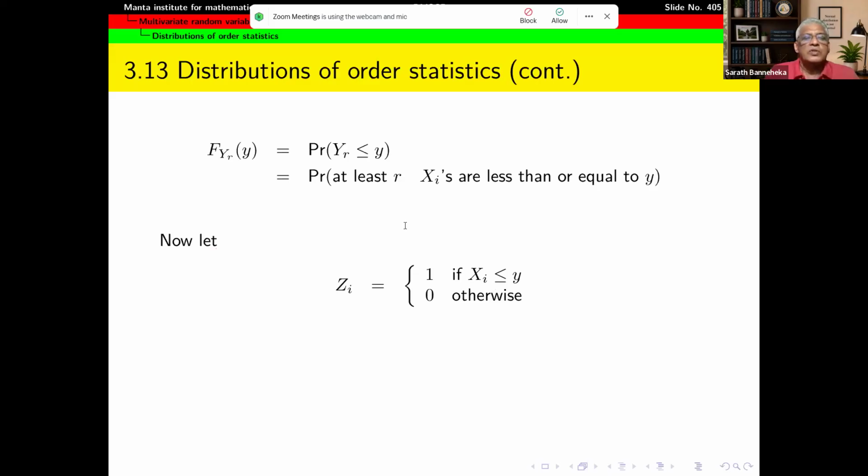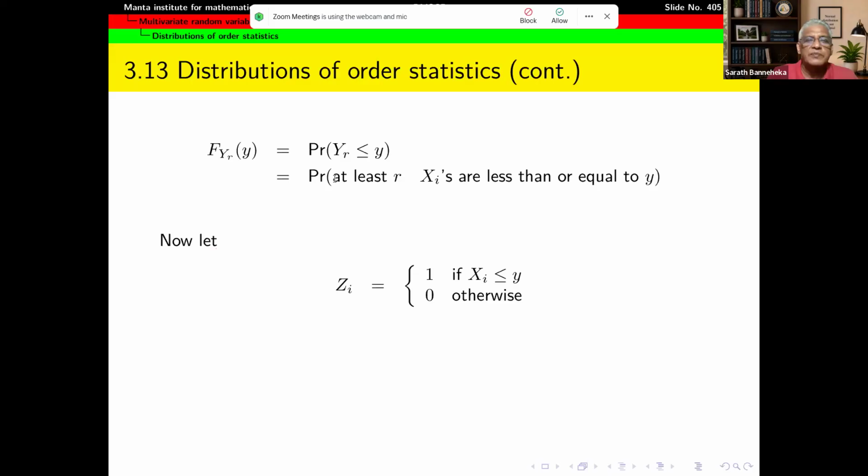Here I mentioned that we are interested in the number of X's which are less than or equal to y. So how can we get the number of Xi's which are less than or equal to y in terms of Z? Zi will be 1 if Xi is less than or equal to y, so if you add all those Z1, Z2, Z3 up to Zn, you get the number of ones. That will give you the number of capital X's which are less than or equal to y.